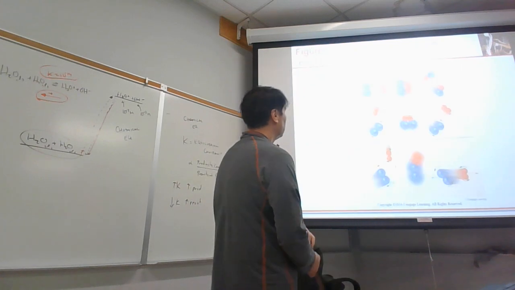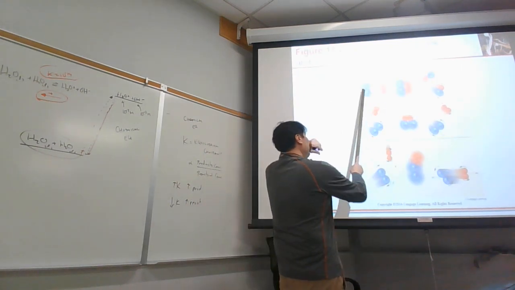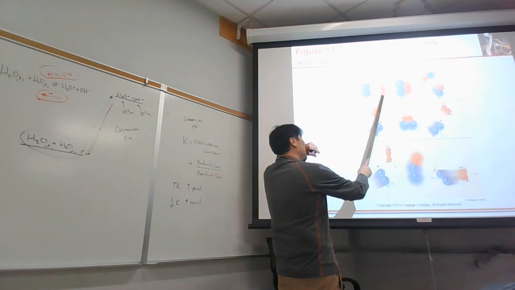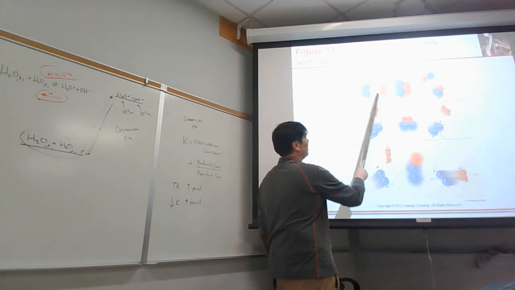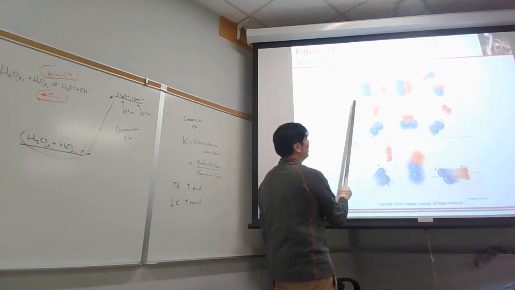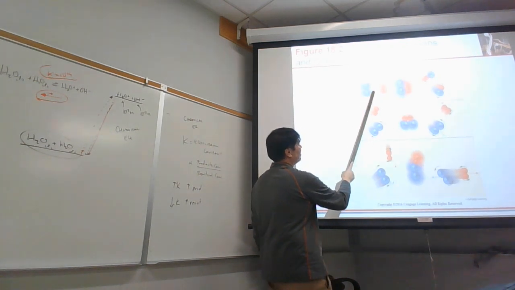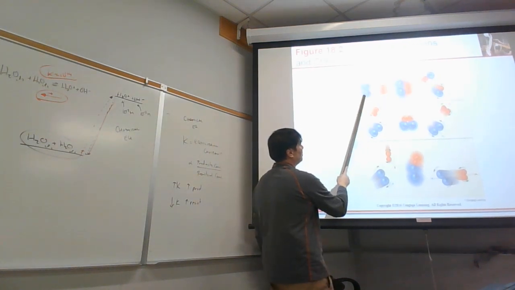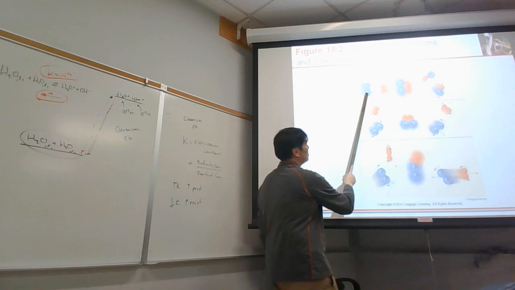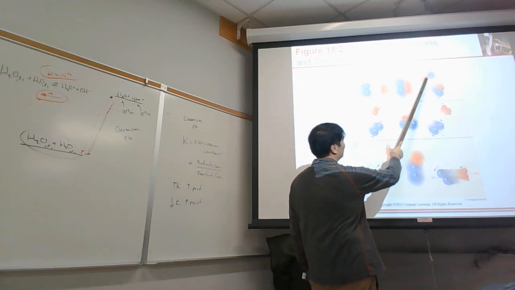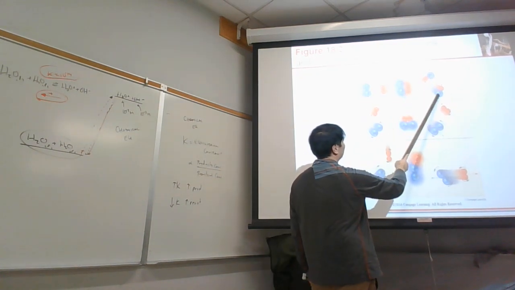We can see that here. There's a molecule here colliding with the molecule here. This is the correct orientation and the correct energy. If it didn't have enough energy, they just bounce off one another. But this one has both. And so what happens is we break bonds and we form new bonds and we get product.